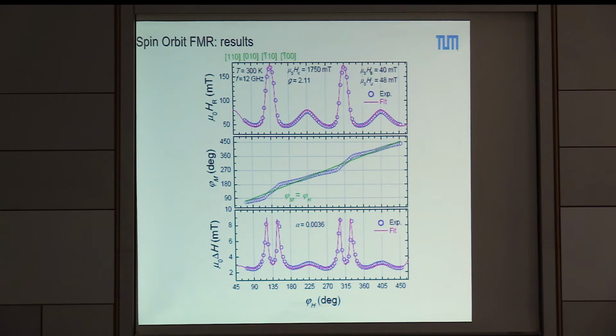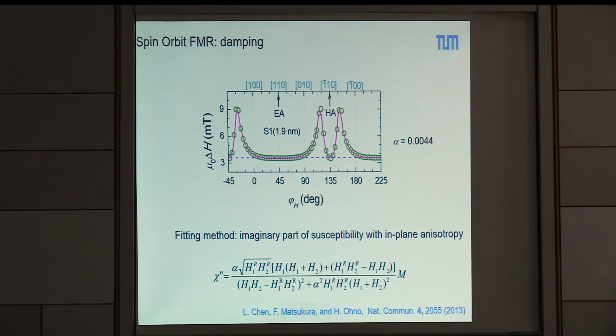Now this fit uses the susceptibility as a fit parameter, and you can see it fits all angles perfectly, with one fitting parameter, which is the damping constant in this system. So you get an increased field line width, of course, because of dragging effects in such a system with anisotropies. But nevertheless, you can use the same damping to fit all the data.